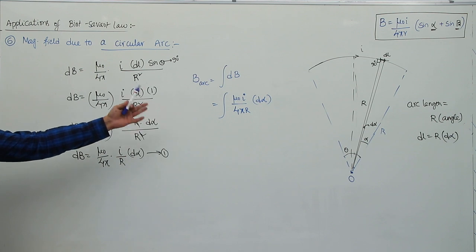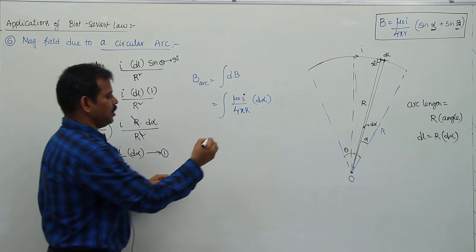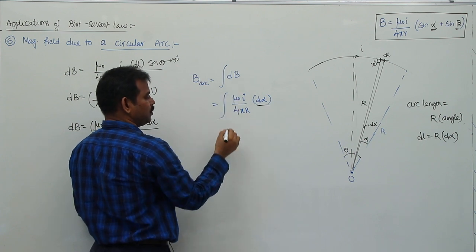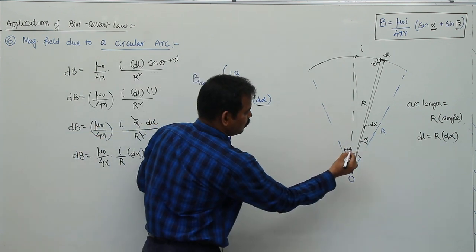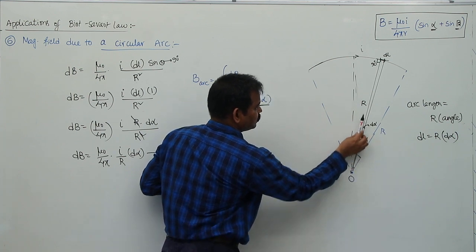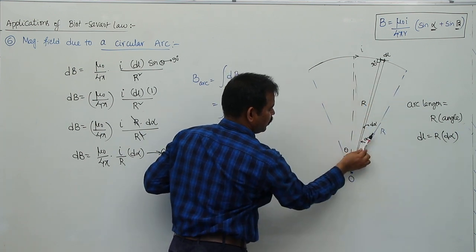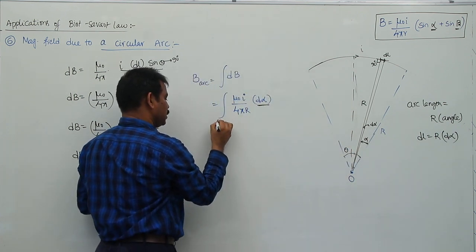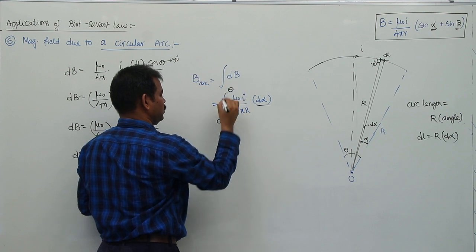Now what are the constants? Bring them outside, and d alpha is the variable. That means I need to take the lower and upper limits in terms of angle only. So what is the minimum angle of alpha here? If you take this strip somewhere here, the minimum angle is 0 and the maximum angle is theta. So the limits are 0 and theta here.